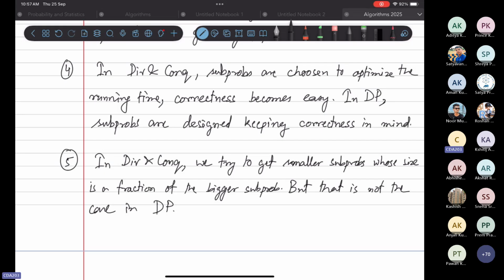And once we decide on the subproblems, we keep dividing our problem in the same way. In some cases, I can throw away one complete part, or maybe more than one part, of it. That's how in divide and conquer the running time gets improved.